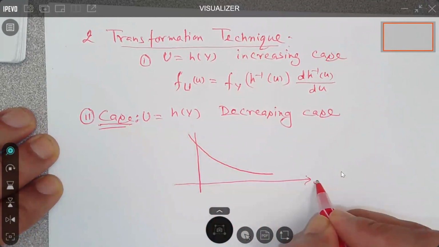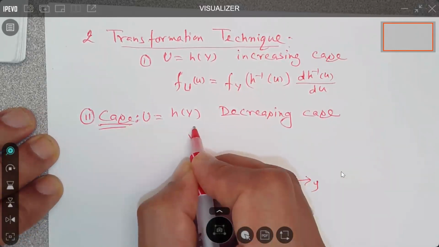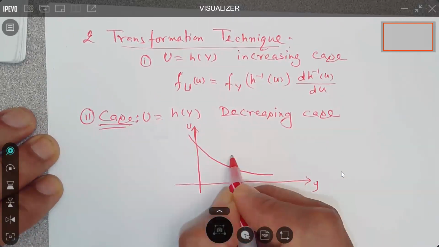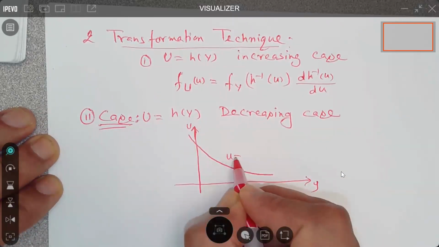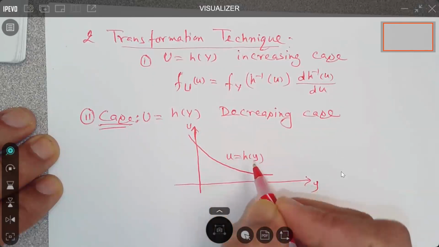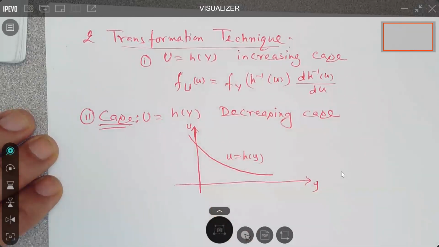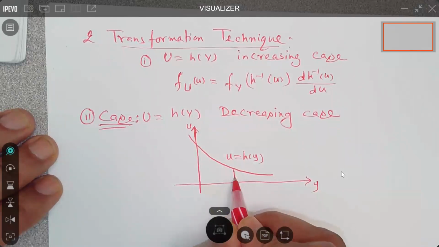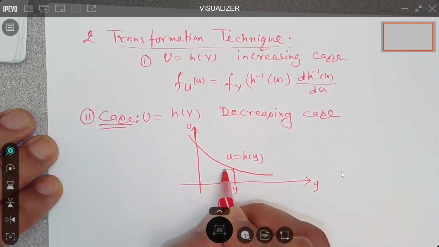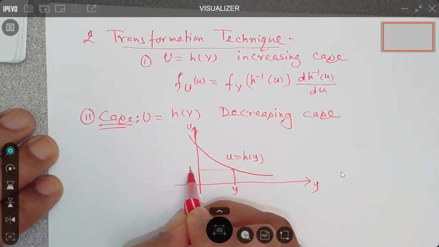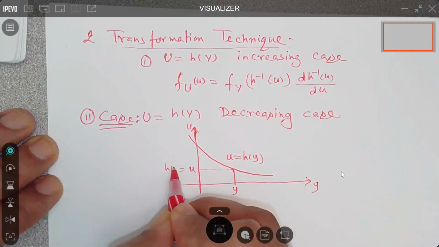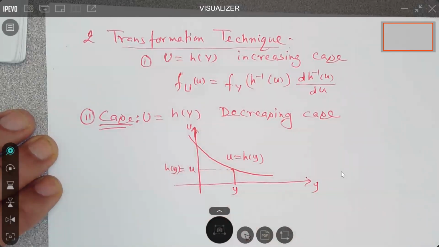And we have the Y here, and we have the U here, and U equals h of Y. So it is decreasing here. Now whenever you have the Y here, then you will have the U.